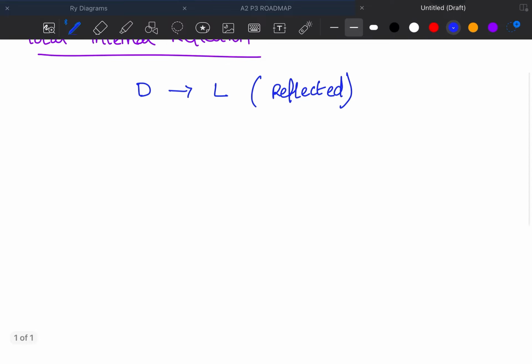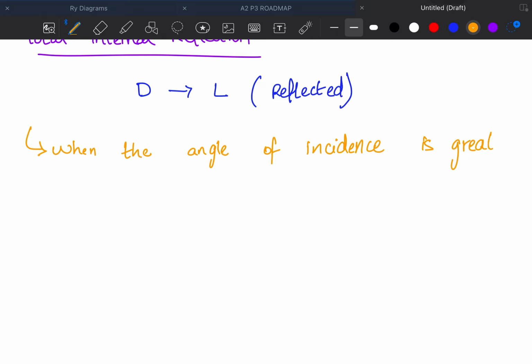Total internal reflection occurs when the angle of incidence is greater than the critical angle. What is the critical angle?